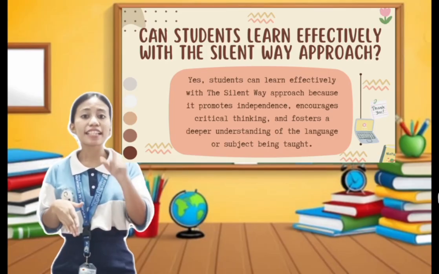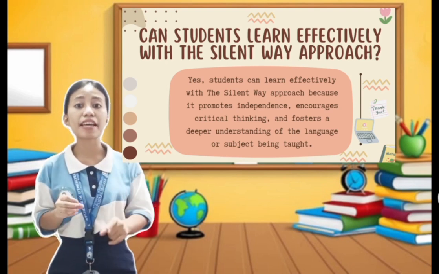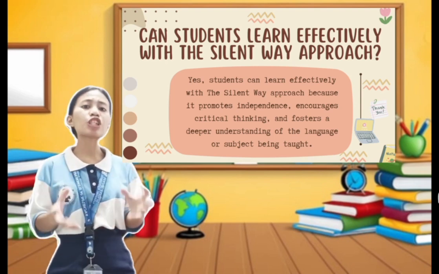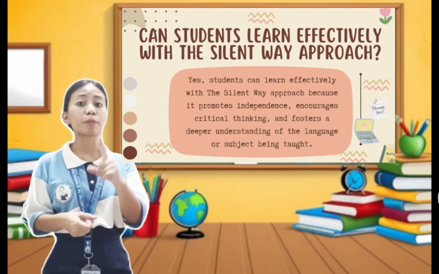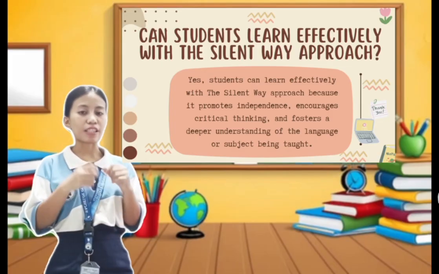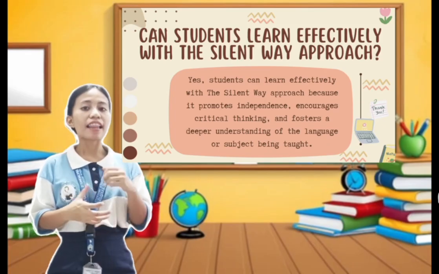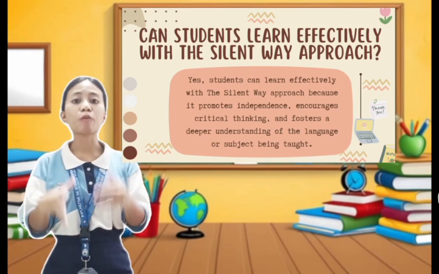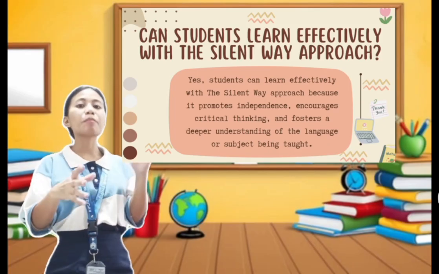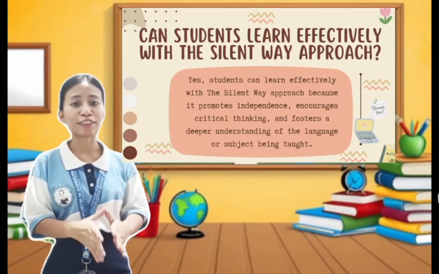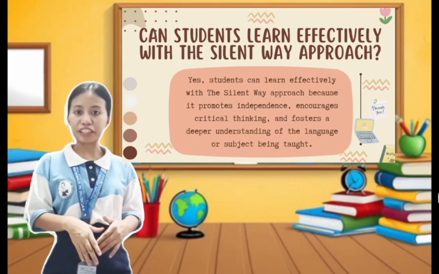This method encourages them to make mistakes and learn from them, which builds confidence and problem-solving skills. As students actively participate in the learning process, they become more engaged and more motivated, leading to a more meaningful and lasting understanding of the material.